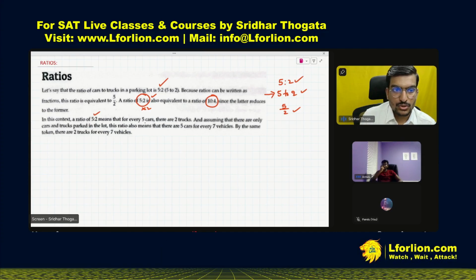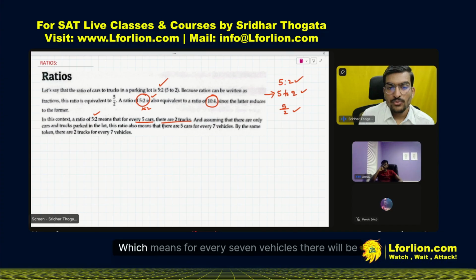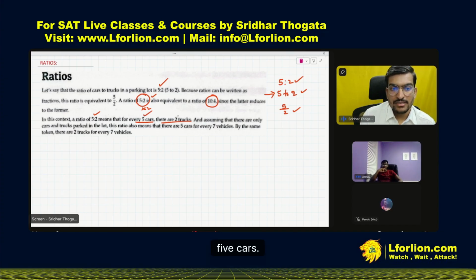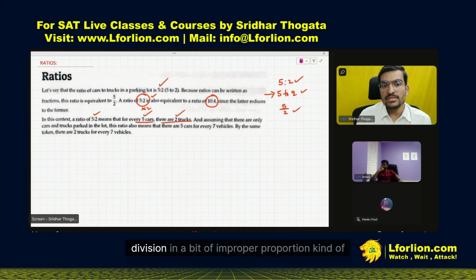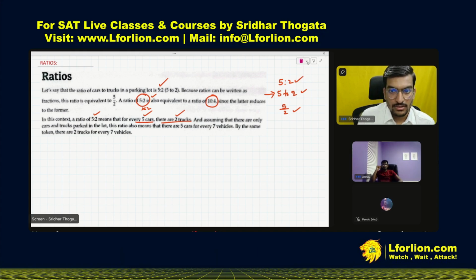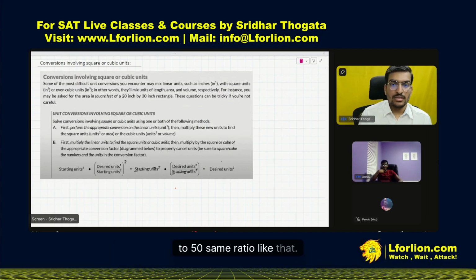In this context, ratio 5 is to 2 means for every 5 cars, there are 2 trucks, which means for every 7 vehicles, there will be 5 cars, and for every 7 vehicles, there will be 2 trucks. That's what this means. So ratio is a kind of division of a quantity, in proportion. Sometimes maybe equal also. We can still call 50 is to 50 the same ratio.